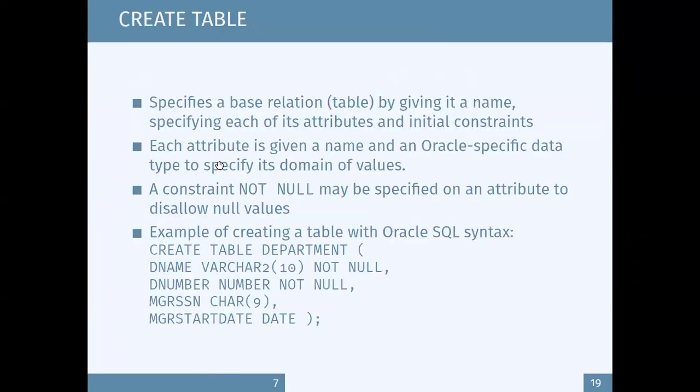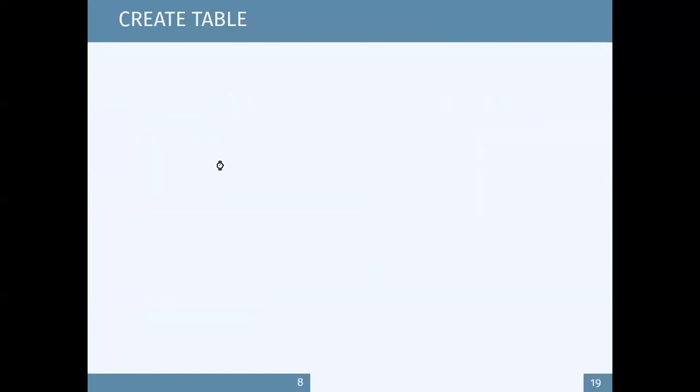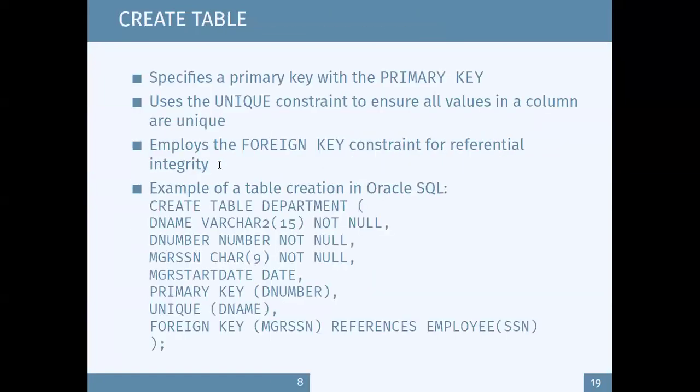So the main thing that we have covered under this is how to create a table, starting from specifying a table with the name and also attributes with different data types, with some other constraints, things like not null. We discussed what it means. We say that, okay, you cannot have null values under the department name.